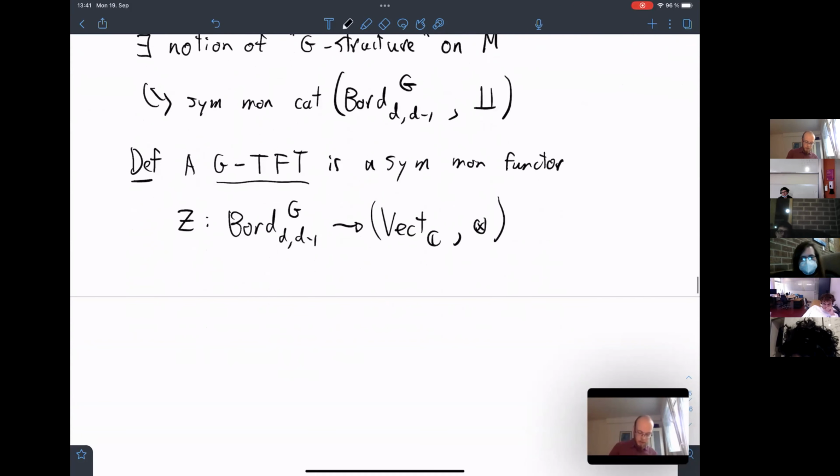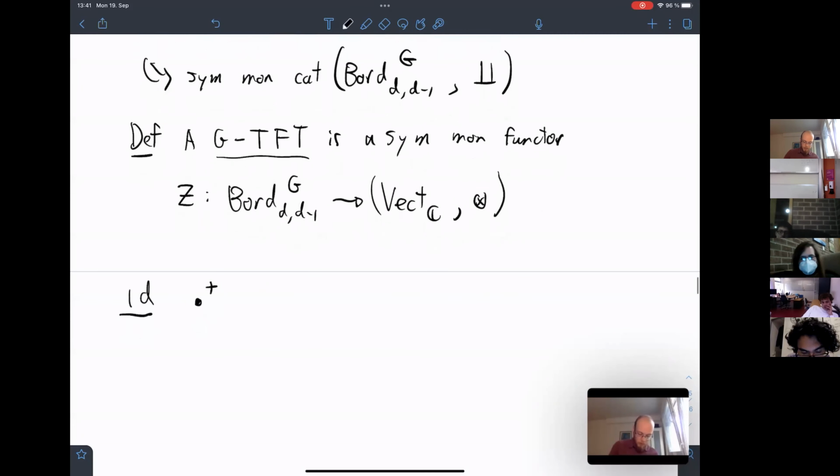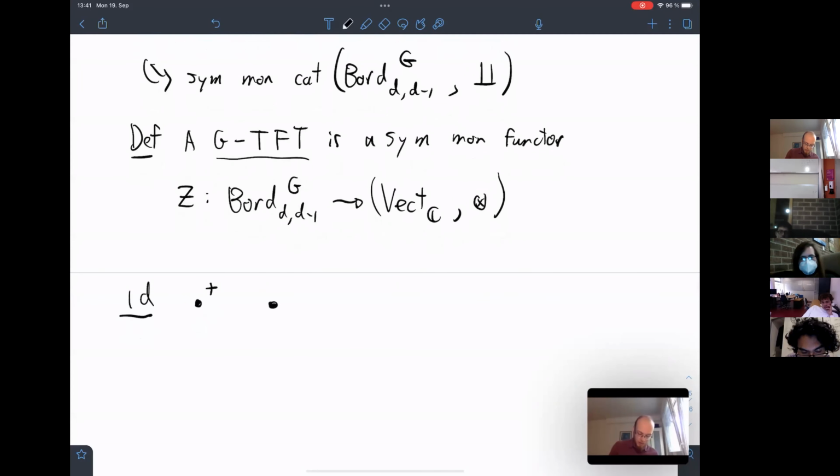And let's look at what happens in 1D. So in 1D, there are, well, at most 2 points, the positively oriented point and the negatively oriented point. So these are zero-dimensional manifolds with orientations.